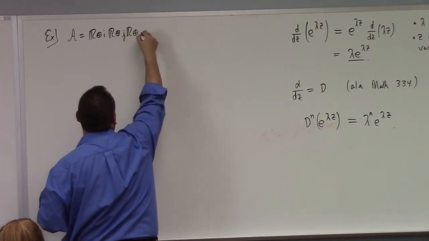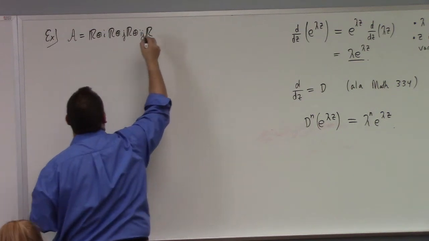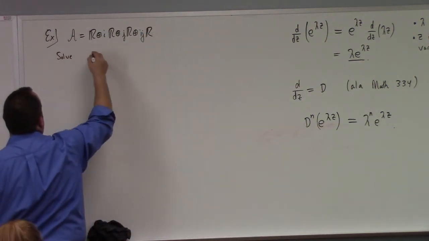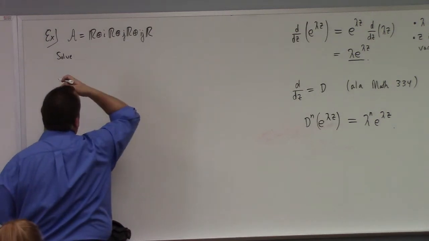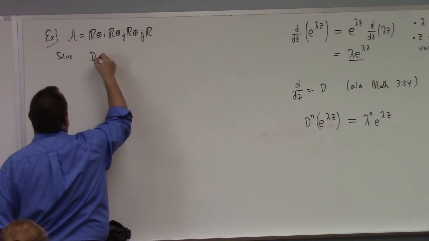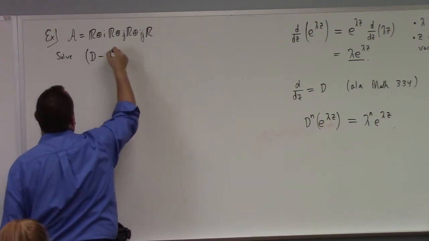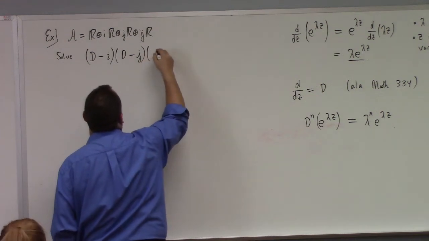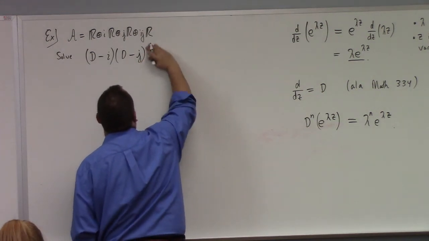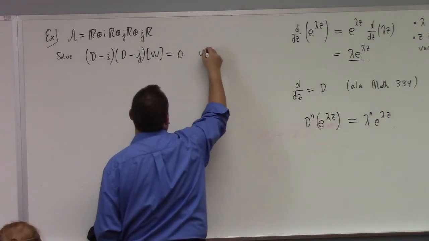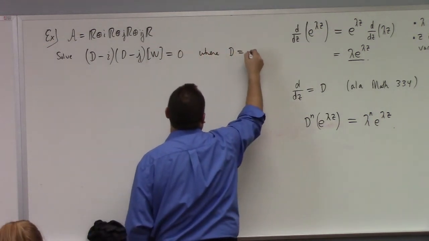I'm not sure I understand your question yet, Liam, but that's okay. So let's solve, let's see here, how about (d minus I) times (d minus j) acting on w equals 0, where d is d/dz.